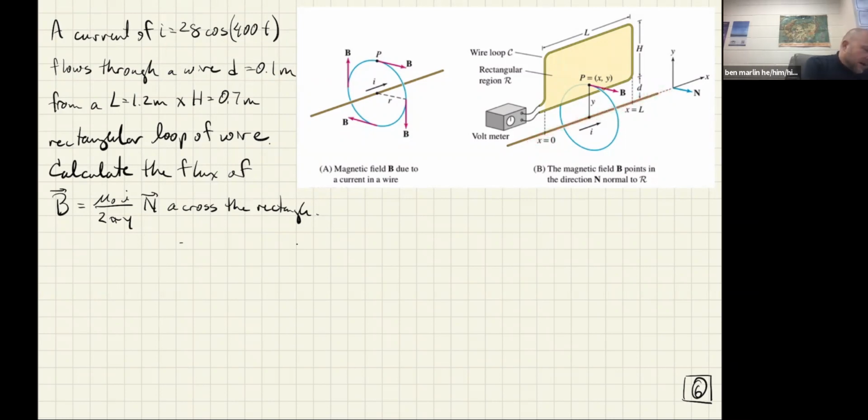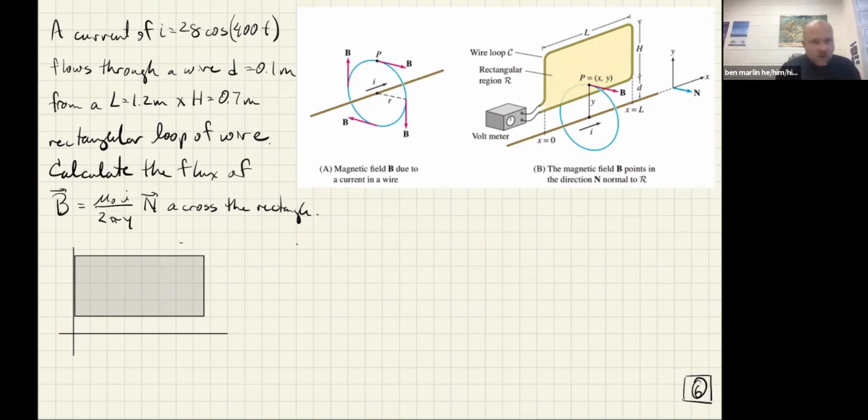But it flows down a wire, and the distance of the wire is going to be 0.1 meters from our rectangle. Okay. So we're going to set this up here and look at it as though we've got our, yeah, bear with me as I draw it out here.